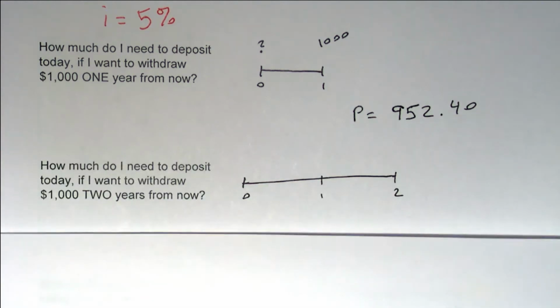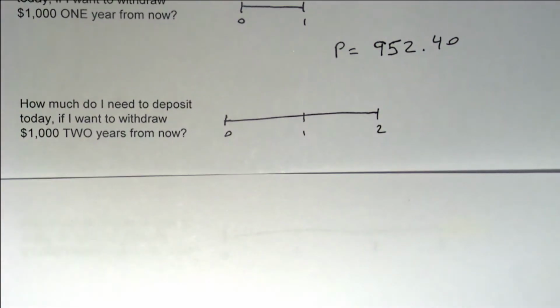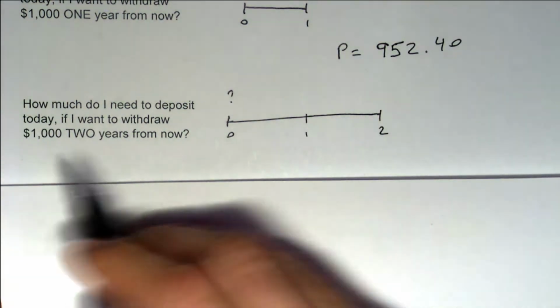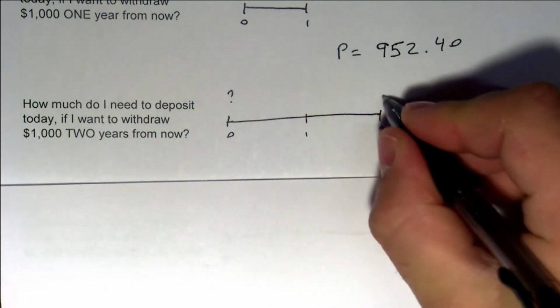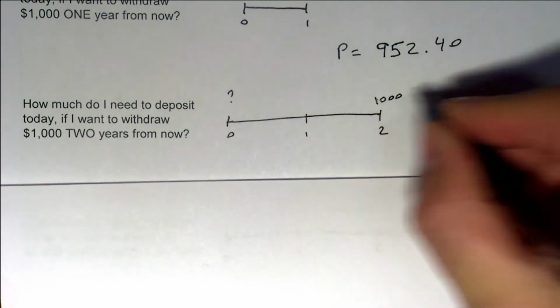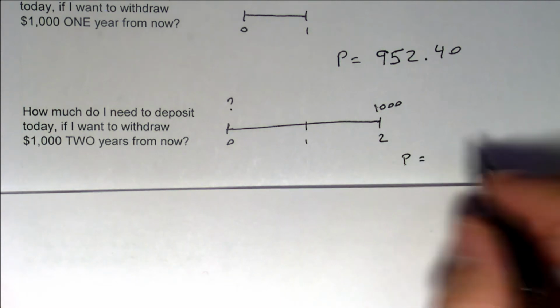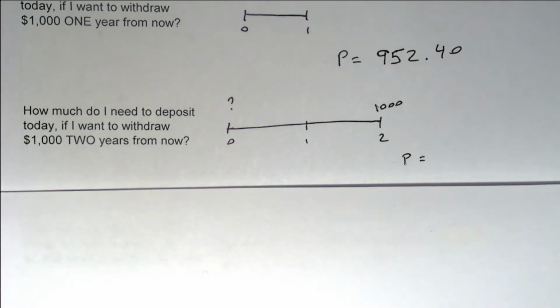Second group, I'm asking you, how much do I need to deposit today if I want to withdraw $1,000 2 years from now? So that would be right here, correct? Your present value equals what? Now, first of all, before you give me the answer, would we expect this number to be higher or lower than our previous answer?